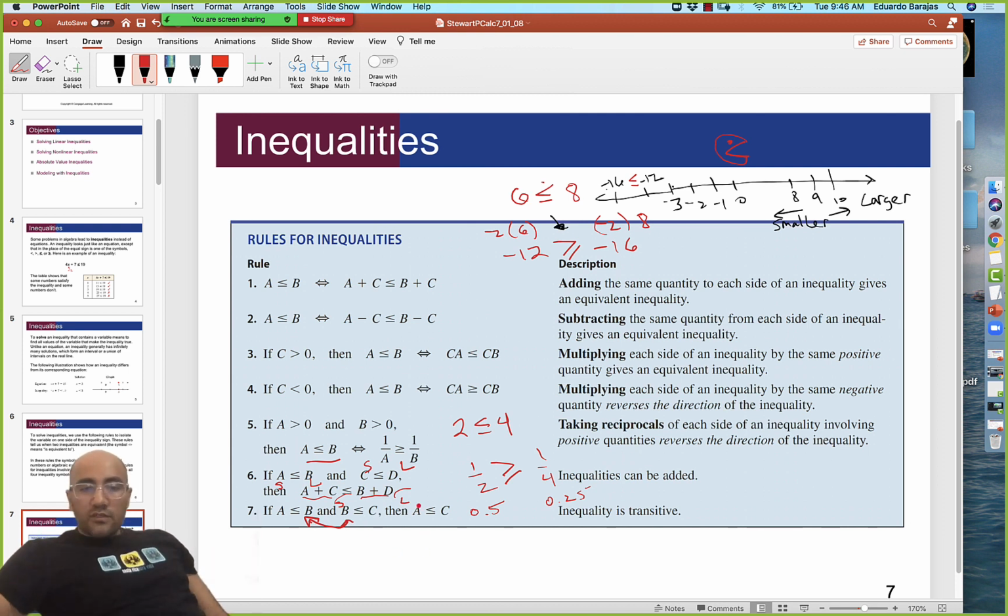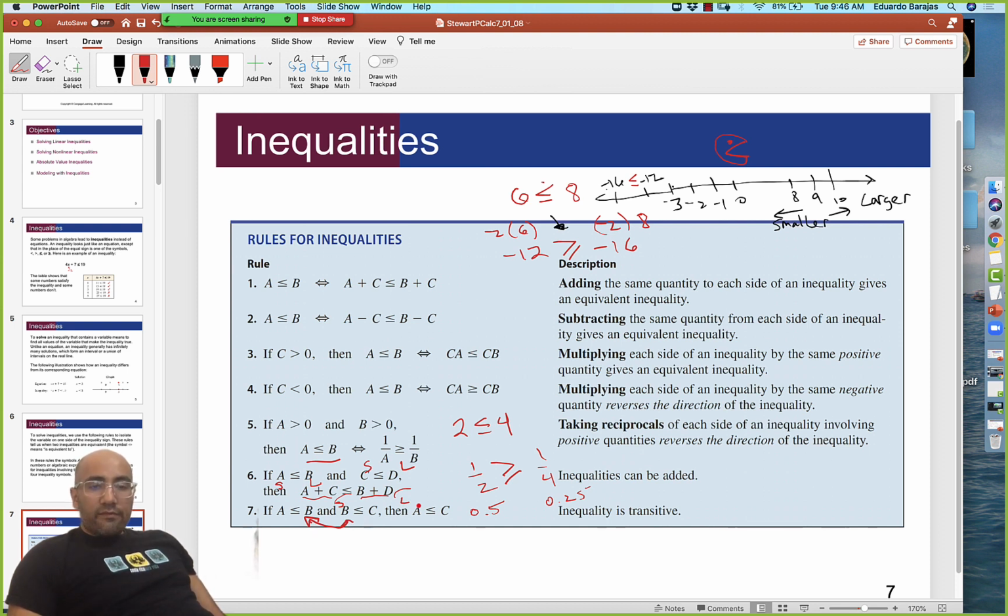Okay, so as long as we keep track of these properties, then these problems should be easy to work with. We do all the same operations, the same methodology that we would with an equation. We just have to keep track of these new principles involving inequalities. If we multiply, and therefore by extension divide, by a negative number, we've got to change the direction of the inequality.